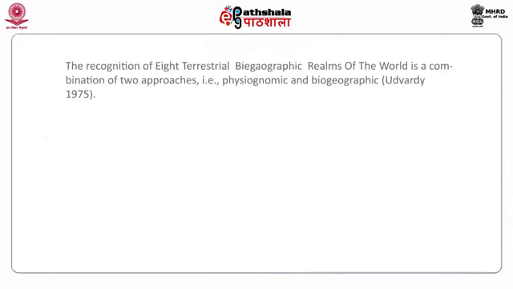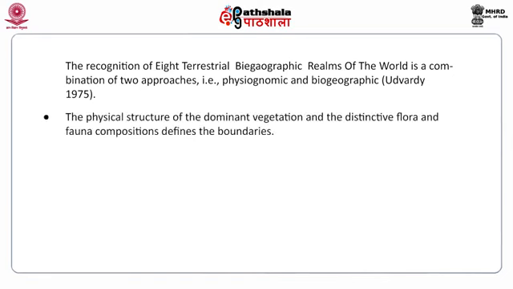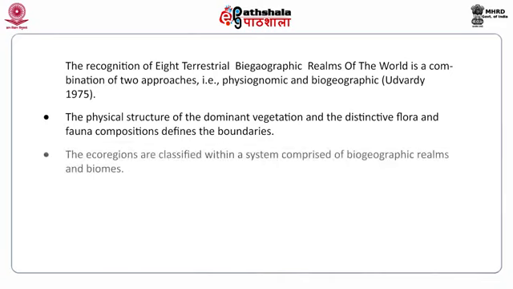The recognition of 8 terrestrial biogeographical regions of the world is a combination of 2 approaches, physiognomic and biogeography, according to Woodward in 1975. The physical structure of the dominant vegetation and distinctive flora and fauna compositions defines the boundaries. Ecoregions are classified within a system comprised of biogeographic realms and biomes.